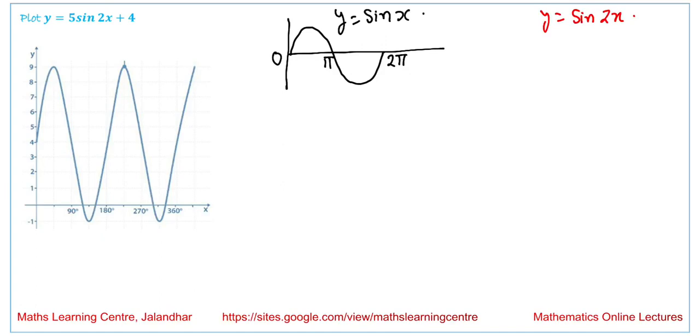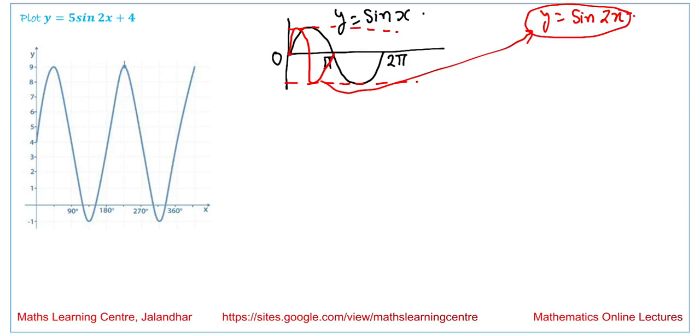Now we know that if we plot the graph of y is equal to sine of 2x, this graph will be shrunk, the maximum value will remain the same, and we obtain the graph of this function as this. This is the graph of y is equal to sine of 2x.